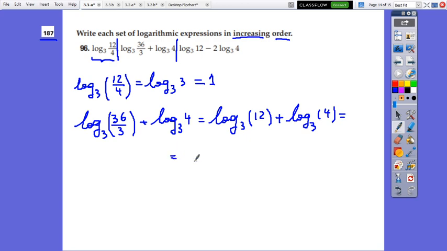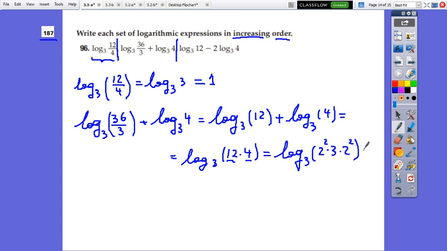Condense, it will be log base 3 of 12 times 4. Let us get its simplest form: 12 is 2 squared times 3, times 4, which is 2 squared, so it equals log base 3 of 2 to 4 times 3.